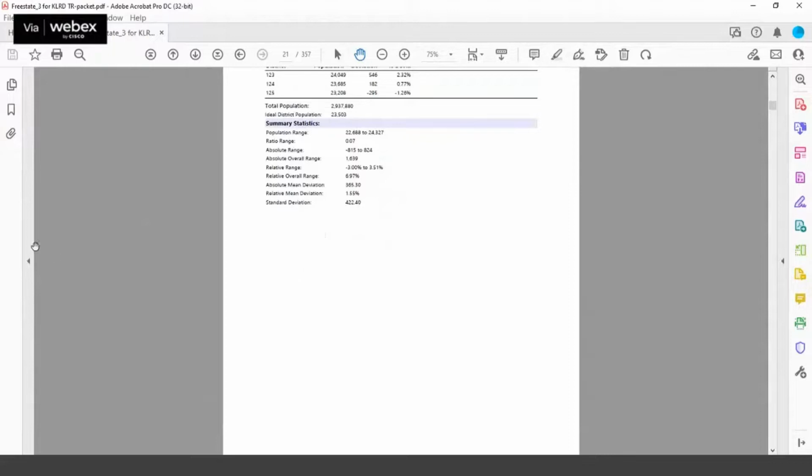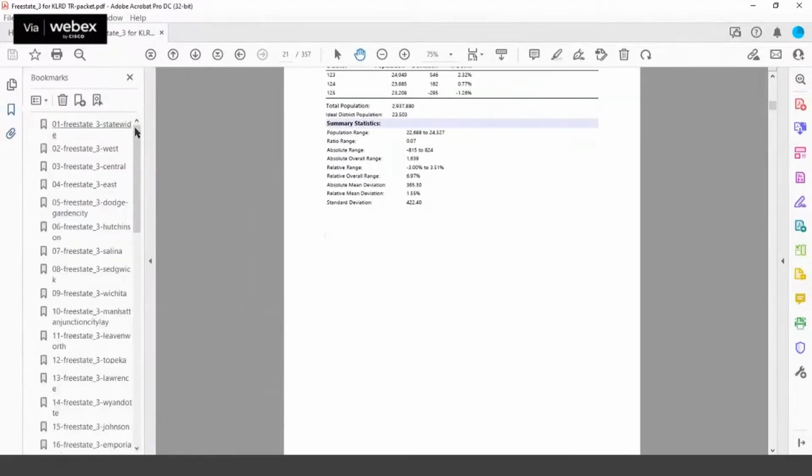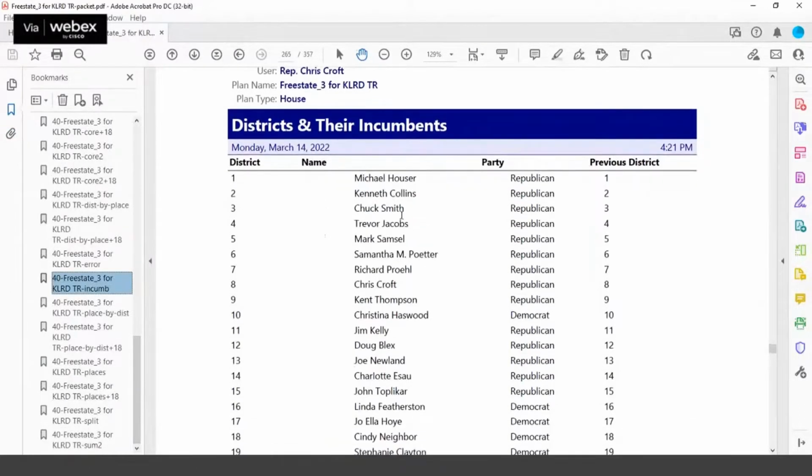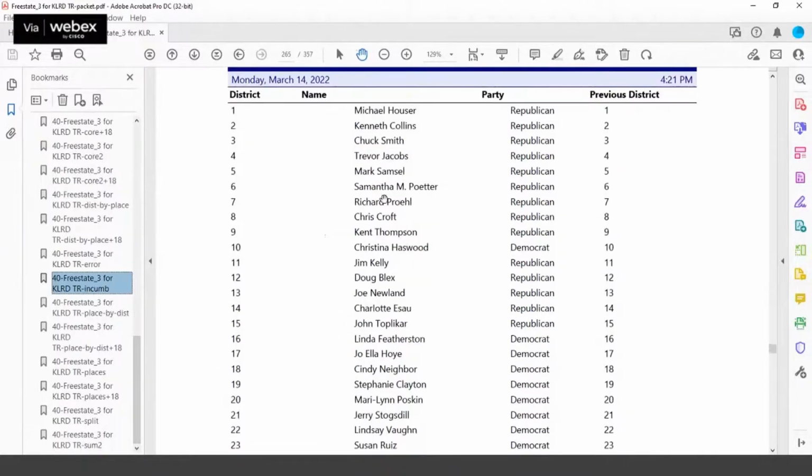And then finally, the last report that I've included in the materials that I handed out this morning is the Incumbent Report. So this shows the current House incumbents and then what district they're in the new plan. And on the right-hand side, it also includes their previous district.